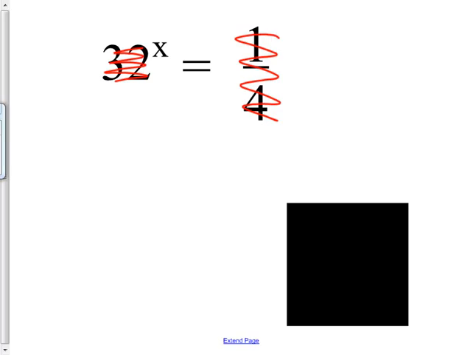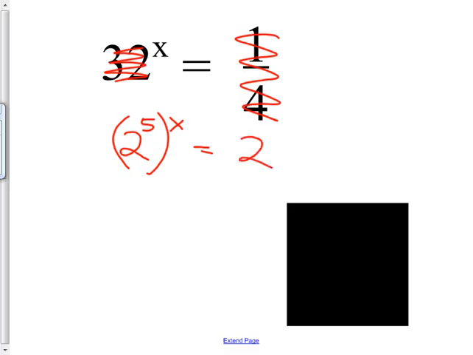Mr. D, tell me what 32 is. 2 to the... 1? No, 2 to the 5th. 32 is 2 to the 5th, right? Just means 2 times 2 times 2 times 2 times 2. Okay, and then how do I write that as 2 to the something?